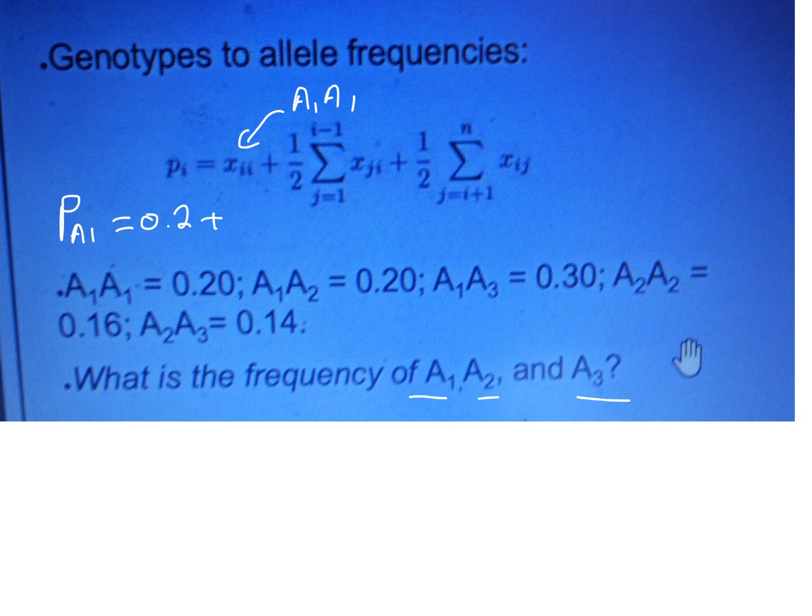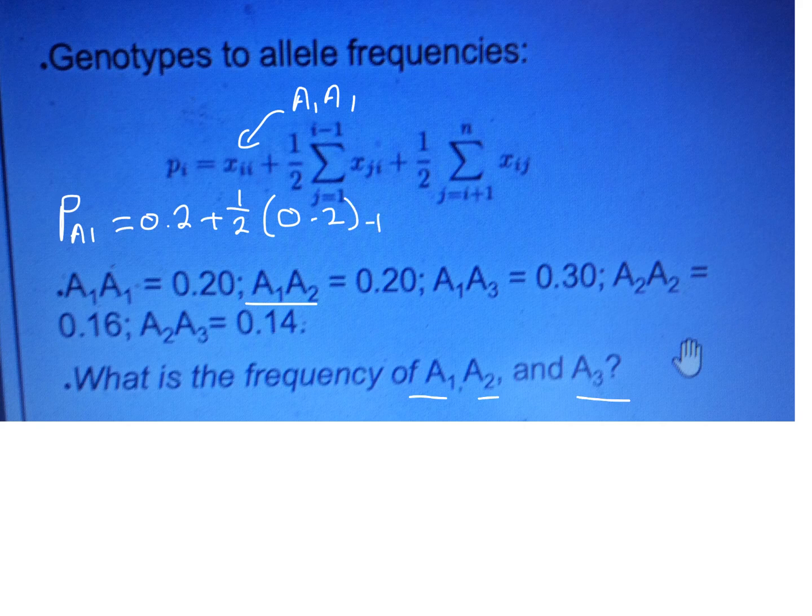And then we're going to take a half or 0.5 times the combination of A1 with one of the other alleles. And so A1, A2 is a combination of A1 with A2, and so we're going to take that and put it there.